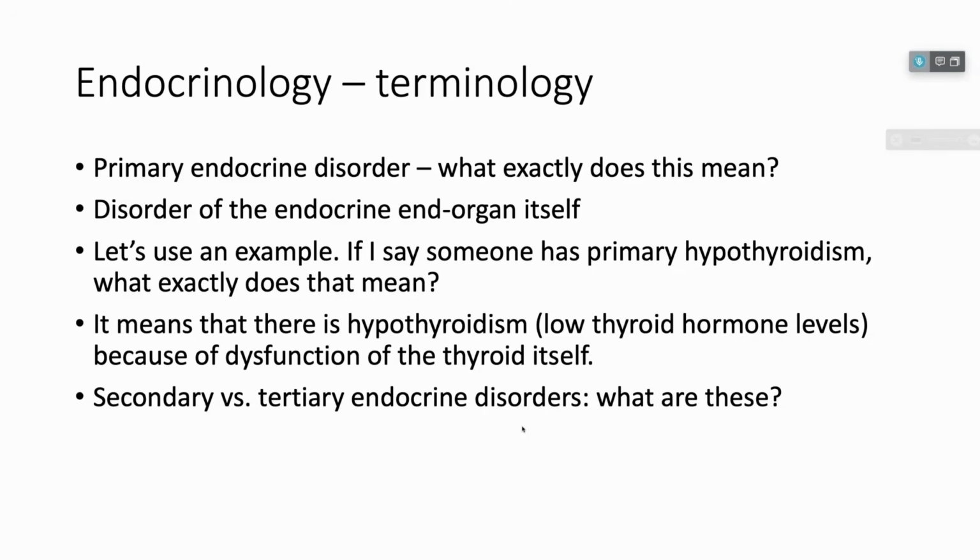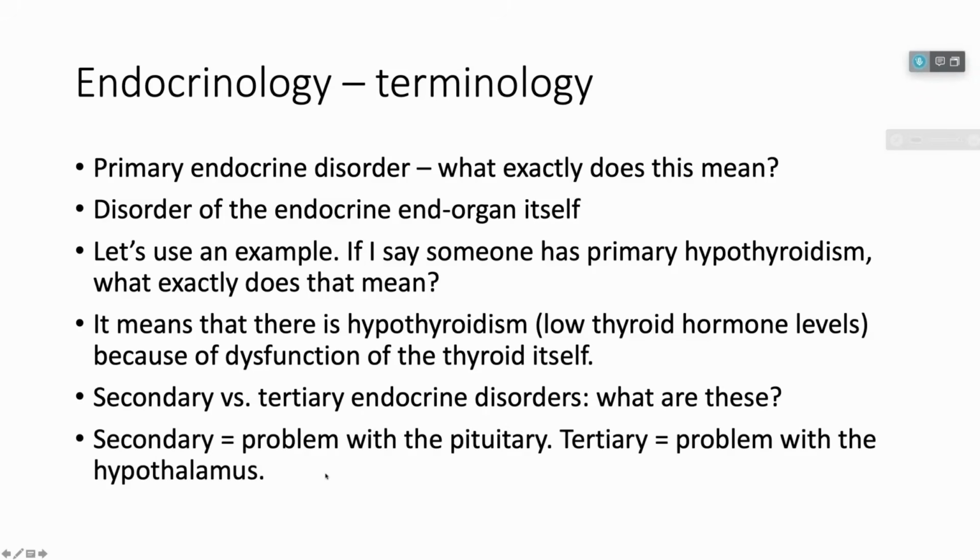I'm thinking it's the pituitary. Okay, so in other words, the organ just upstream of the end organ itself. Right. So what would a tertiary endocrine disorder be? It would be one step up from the pituitary, which is the hypothalamus. Yeah, exactly. Perfect.